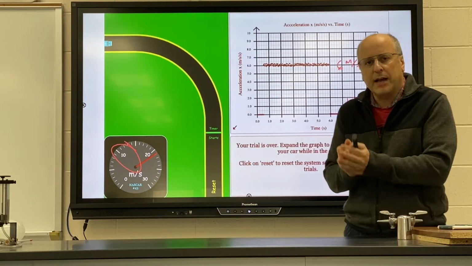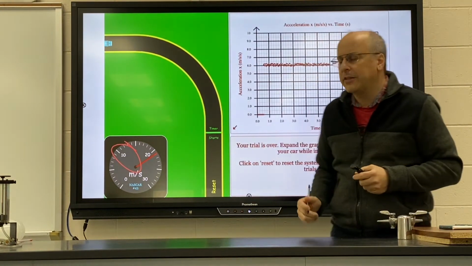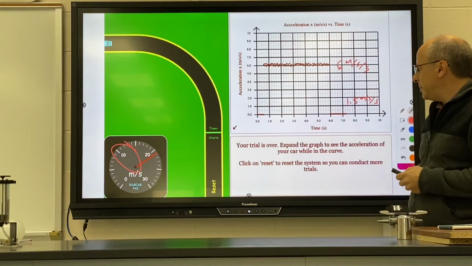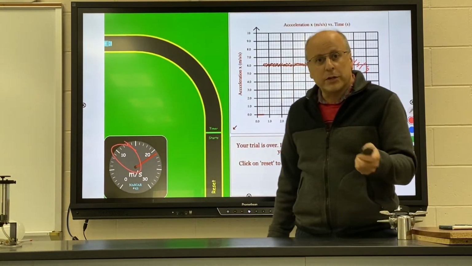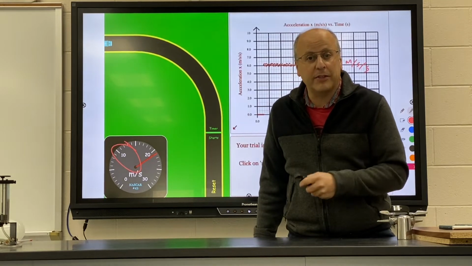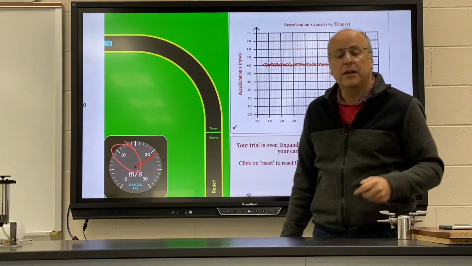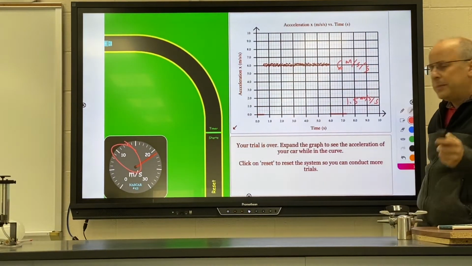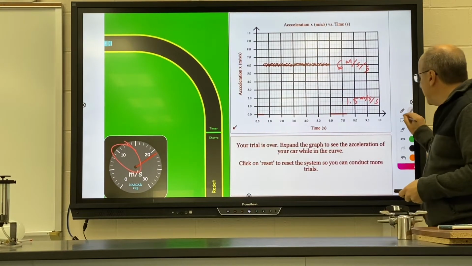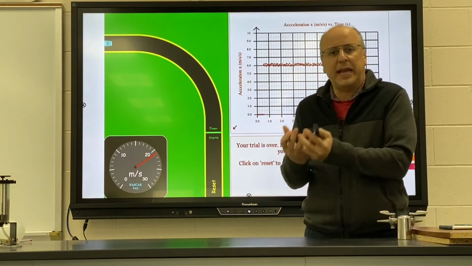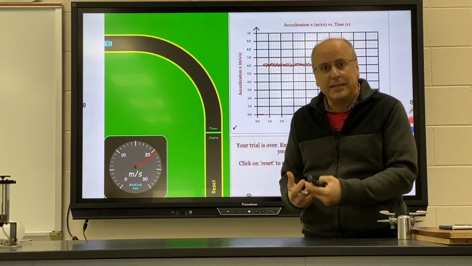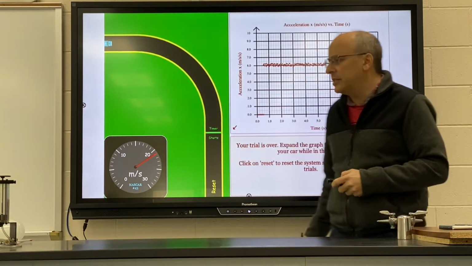It's 4 times more intense going around the circle when you double that speed. It's also 4 times more dangerous going around the turn when you double the speed. So as we saw before, you got to be careful with your speeds, because most of these things, the danger goes up tremendously with small changes in speed.